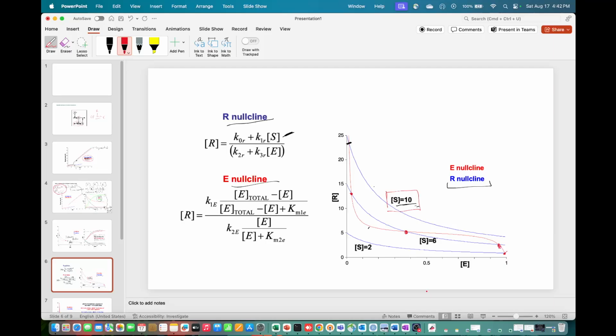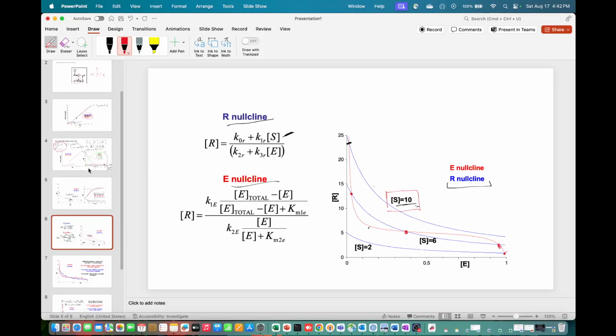So the concentration of S will determine how many steady states you have in this particular system. I just wanted to give you this idea.